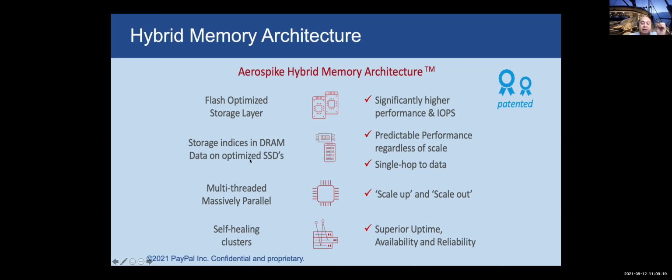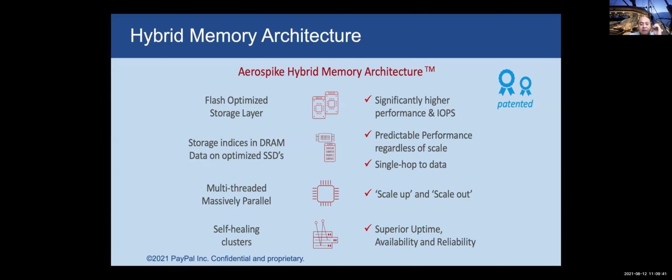And then the index to the records are stored in the DRAM. So this would allow us to get the benefit of the best of both worlds, because getting the index from DRAM is fast, and also storing the data in SSD is cheaper, right? So we get the best of both worlds.